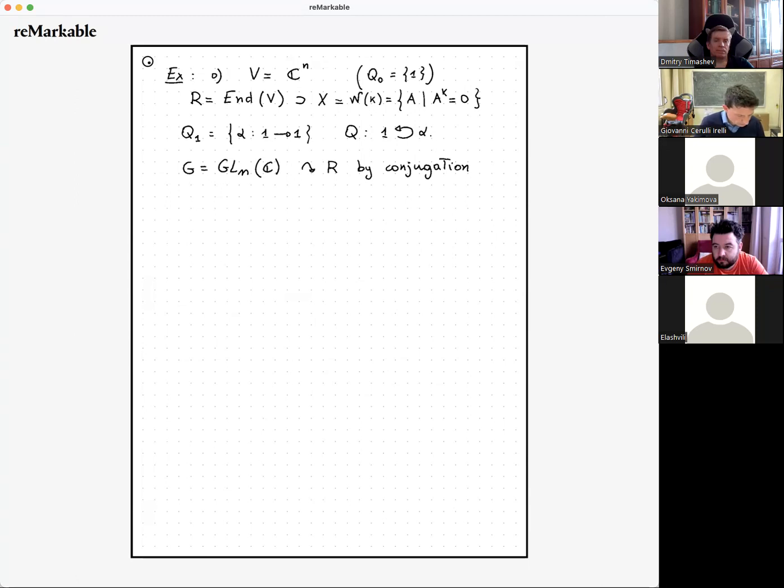Okay, so let me record some facts about this action and this interesting variety. Then the G orbits are parameterized by partitions.